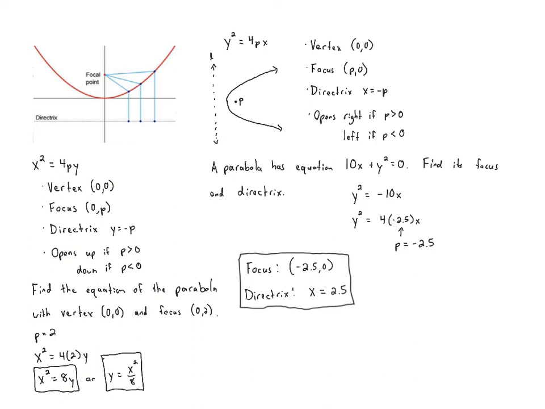Now, one final thing, and we're going to look at this a little bit more in the last video of this section. Knowing the focus and the directrix of a parabola isn't too much help in drawing the graph of the parabola, because even if we know these two quantities, we don't know how wide the parabola will open just from those pieces of information.